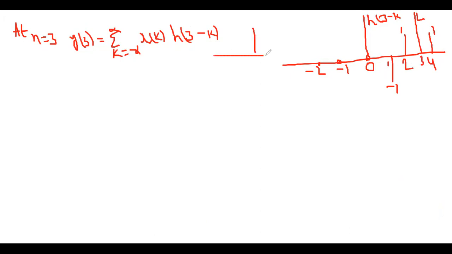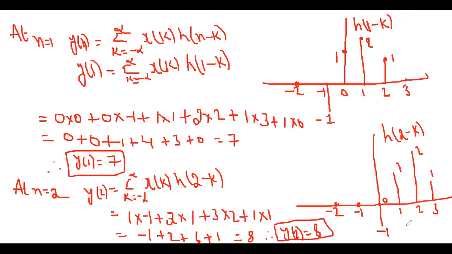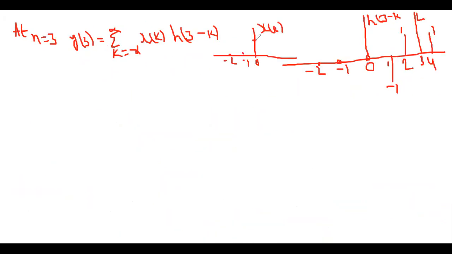What is the x of k, my dear students? X of k, there is no change in the x of k. For minus 2 it is a 0, minus 1 is a 0, and the values are 1, 2, 3, 1. Here the 0 is a 1, 1 is a 2, 2 is a 3, and 3 is a 1. Now multiply. At 0 the value is 1, 1 into the h value of 0.